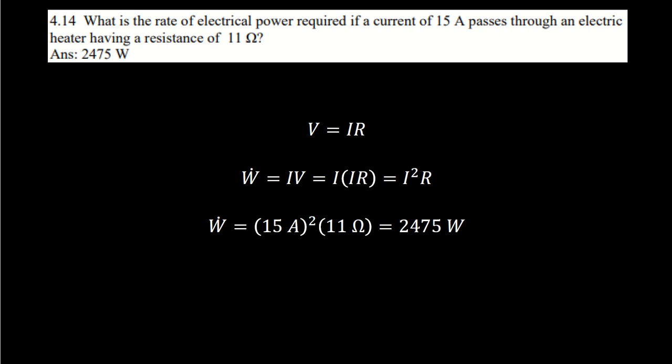The work rate of electrical power is IV, or I times IR, I squared R. That lets us have the work rate of electrical power becoming 15 amps squared by 11 ohms, or 2,475 watts, which you could simplify if you wanted to about 2.5 kilowatts of electrical power.